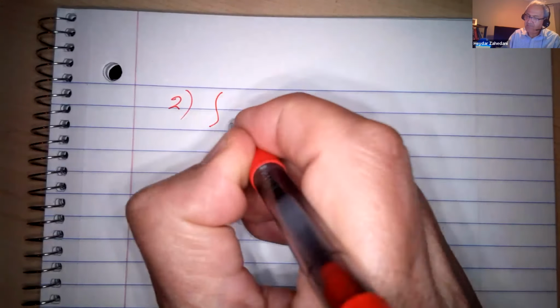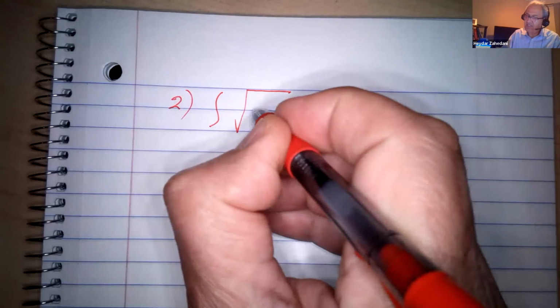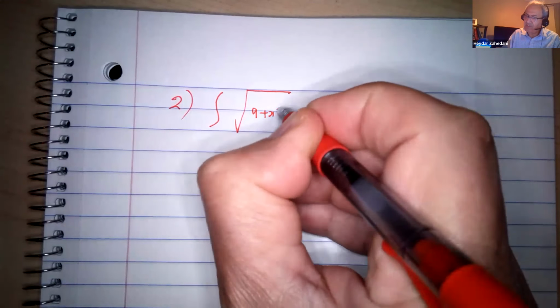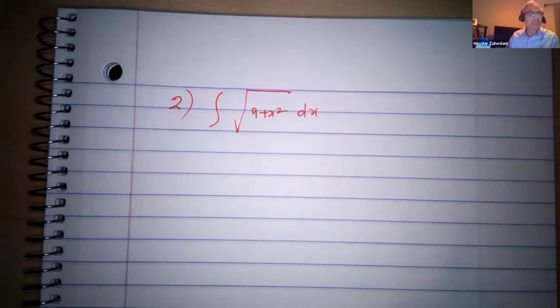So that is for type 1. For type 2, we are going to try this one. We want to check something like a squared plus x squared. If you write it down just as the given one, it's a little bit difficult, but we try it. See if you have something like, let's say, the integral of 9 plus x squared dx.